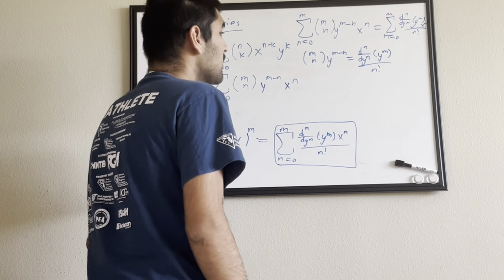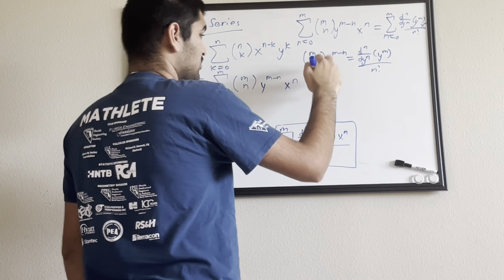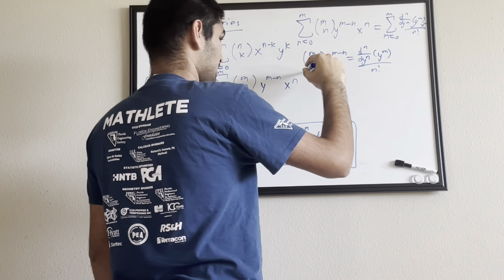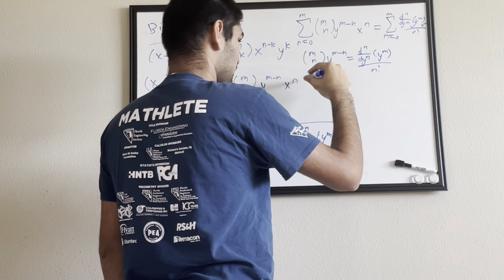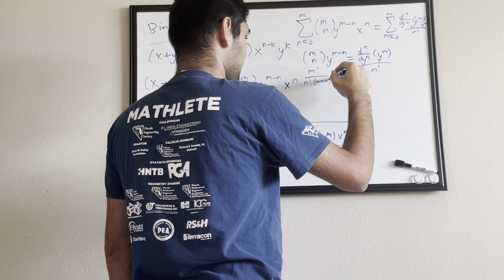And from here, you can write out the definition of a combination. m choose n is the same thing as m factorial over n factorial times m minus n factorial.